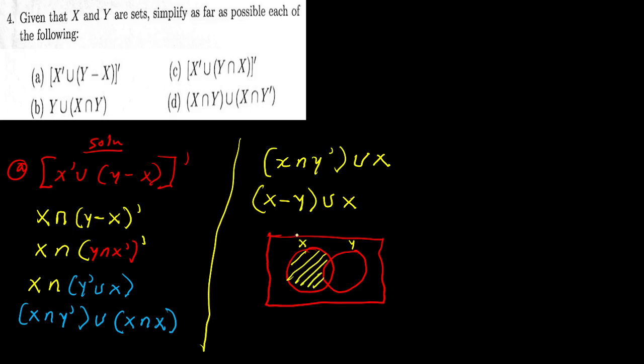So if we unite x minus y in yellow with set x, let's say set x is the one I'm illustrating in white. If we were to unite set x minus y, or x intersection y complement, with x, the answer is simply set x. So this was the simplified version of this particular set.